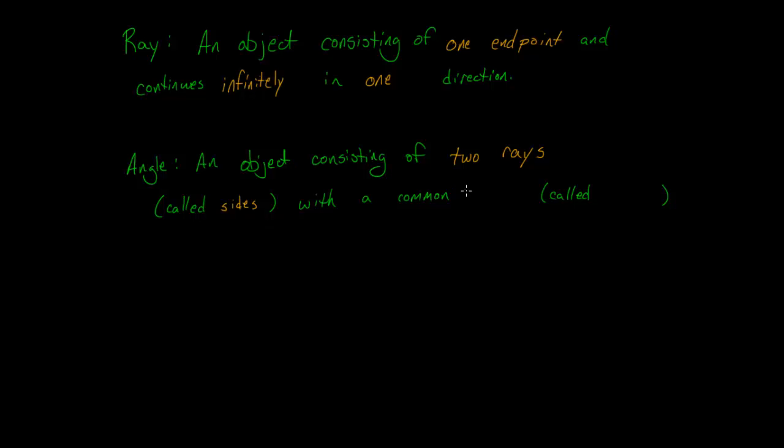And they have a common endpoint. Now, you may not know what this is commonly referred to, but we will be calling it the vertex. So an angle is an object consisting of two rays, which we call sides, with a common endpoint, which is called a vertex.